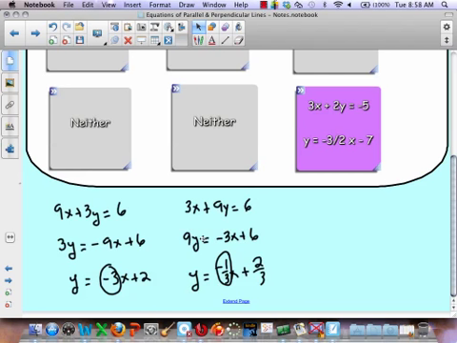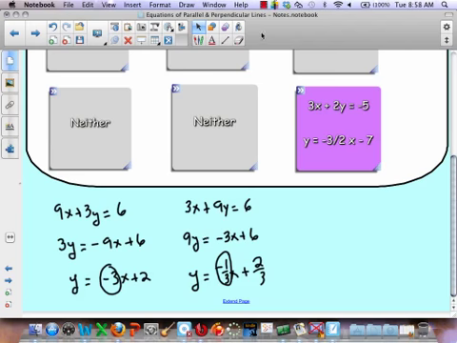All right, and then the last one. Justin. Okay, why do you say that? Looks like it's the negative reciprocal.